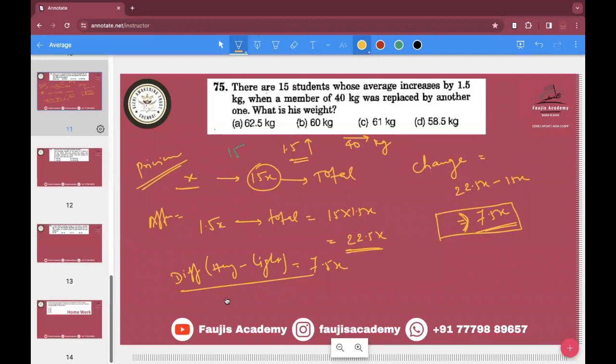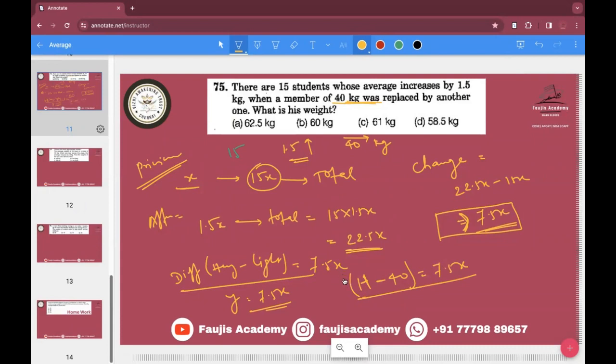Another variable over here. Y is equal to 7.5x. They are saying that the lighter chap was 40 kg. The lighter chap was 40 kg minus the heavy chap. Let's assume the heavy chap as H, is equal to 7.5x.